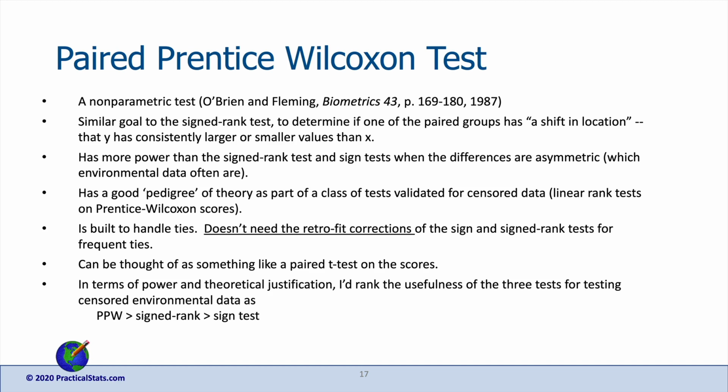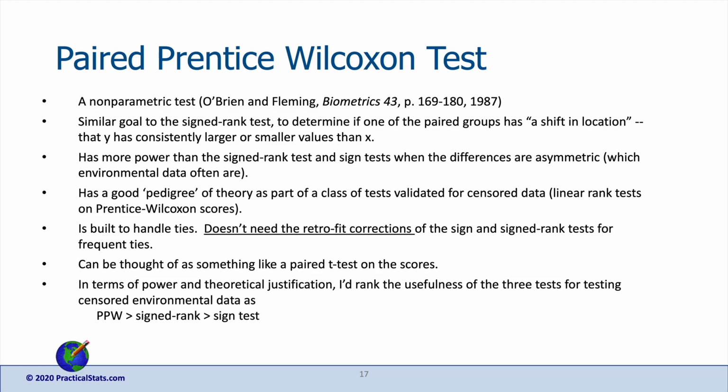It has a similar goal, similar null and alternate hypotheses to the signed rank test, to look at the CDFs and see if there's been a shift up in percentiles from one group to the other. It has more power than the signed rank test and the sign test when the differences are not symmetric. And environmental data are often skewed, and their differences are often skewed. So we often have this asymmetry.